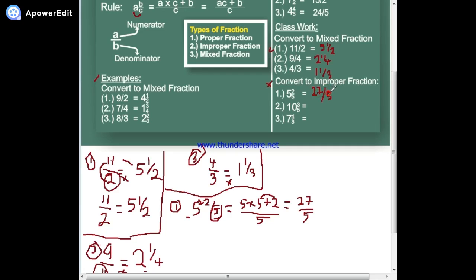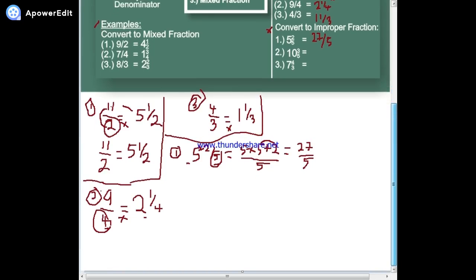So now the next question, which is question 2, that is 10 whole number 3 over 5. So how are we going to do this?